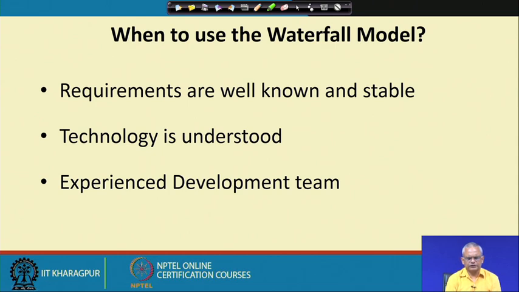If this is the situation, these are basically simple projects which have been done by the development organization many times, and the requirements are known and stable, they do not change.